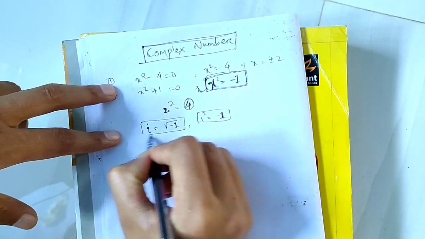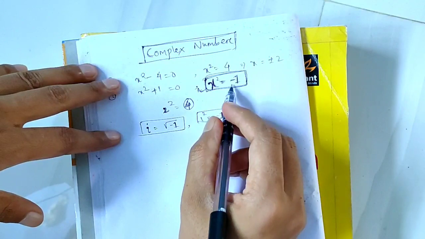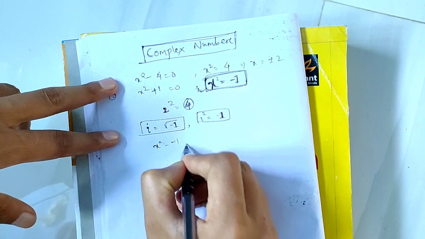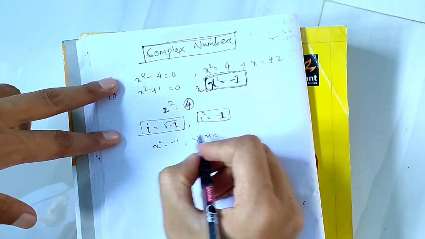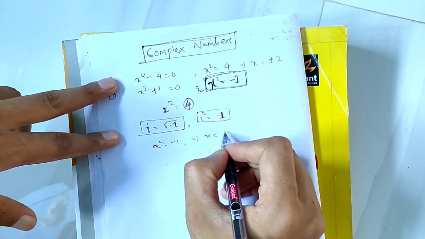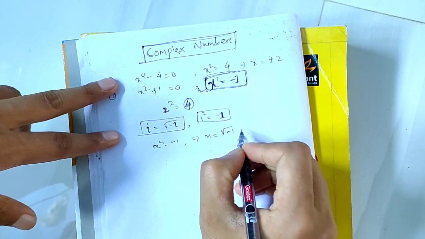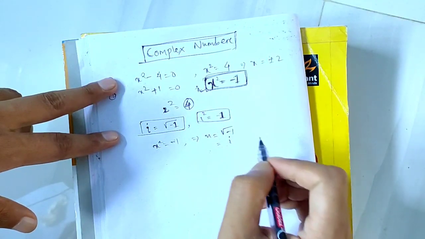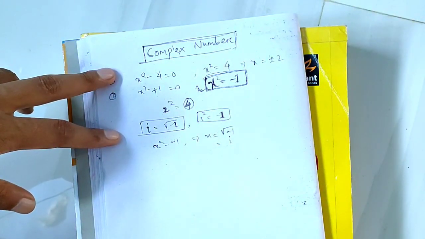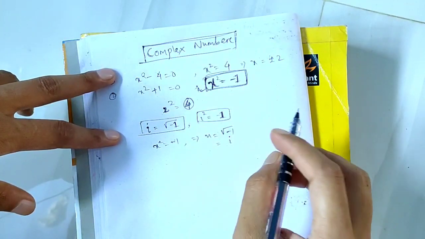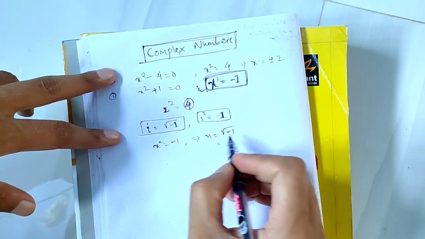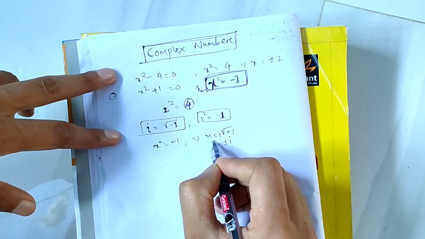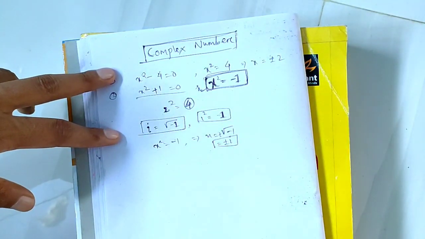If we put this value here, x square equal to minus 1, x equal to root over of minus 1 equal to iota, isn't it? So it will be plus or minus iota. This is the solution of this quadratic equation.